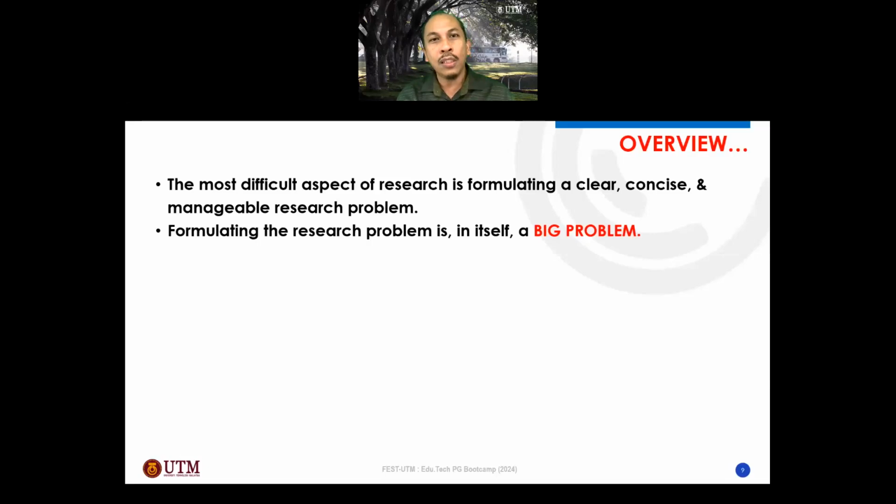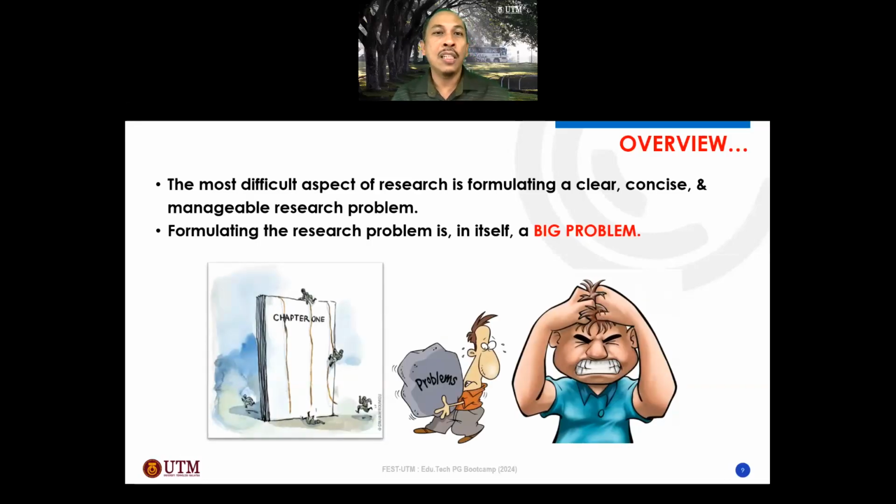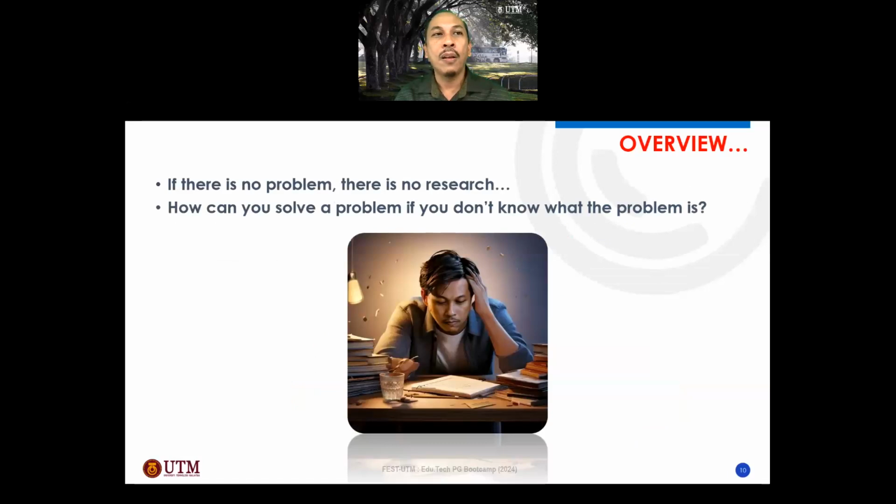You want it to be amazing, but where do you even start? Okay, where to start? It usually gives you a headache. Because if there is no problem, there is no research. How can you solve a problem if you don't know what the problem is? So yes, finding the research problem is challenging.